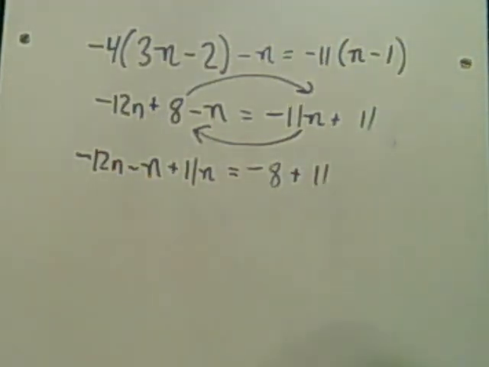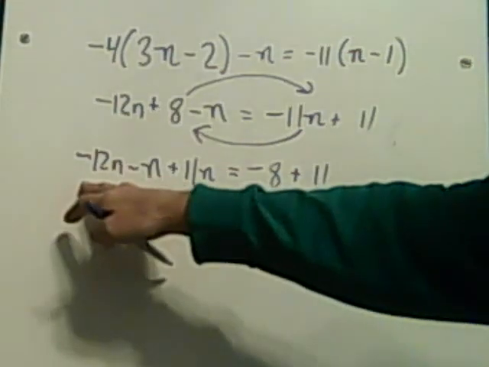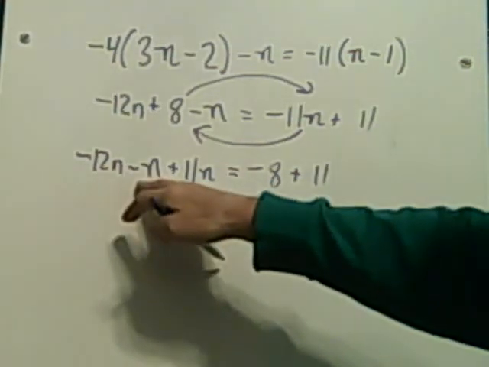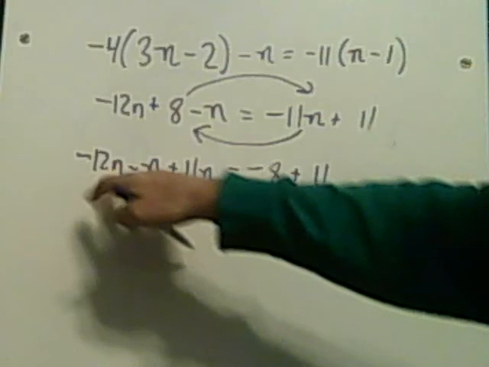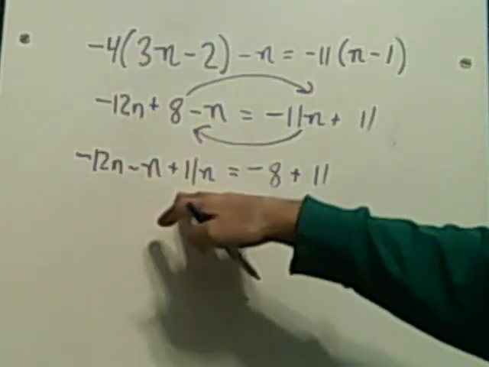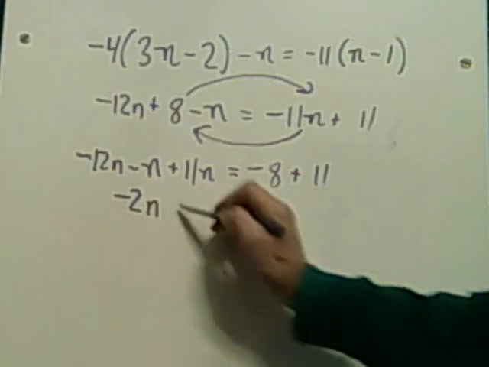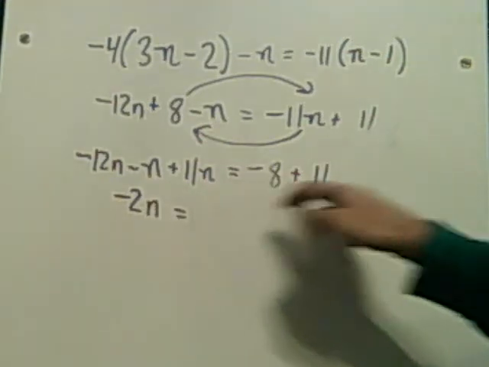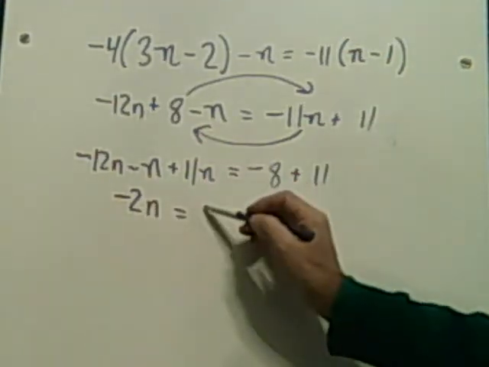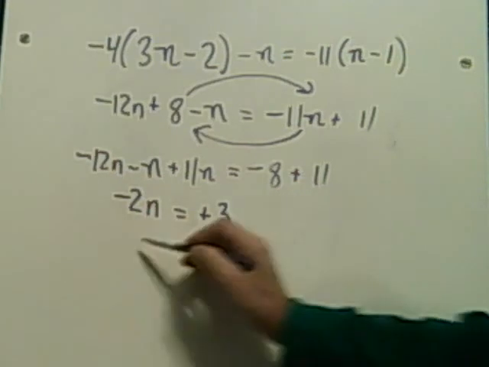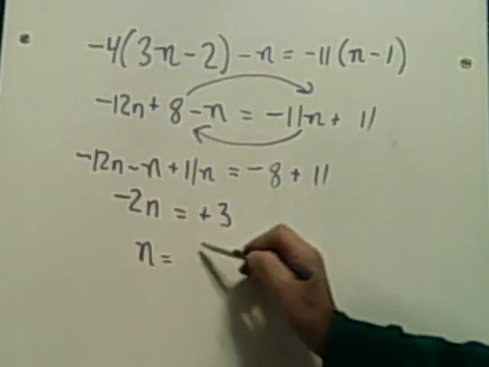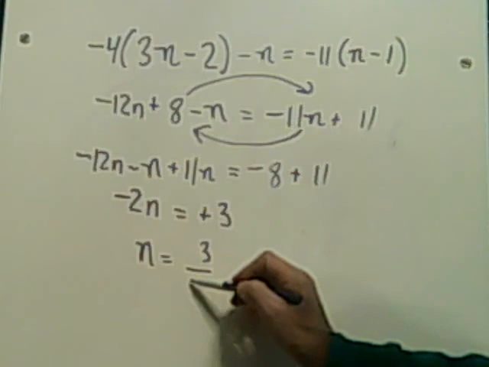Okay, so negative 12 and negative n, negative 1, that's negative 13n, plus 11n, that's actually going to be a negative 2n. And negative 8 and a positive 11 is going to be a positive 3. So the n is going to be equal to 3 divided by the negative 2.